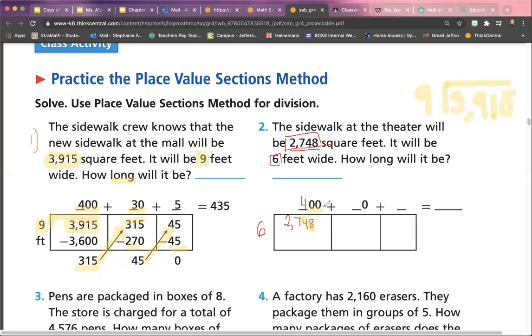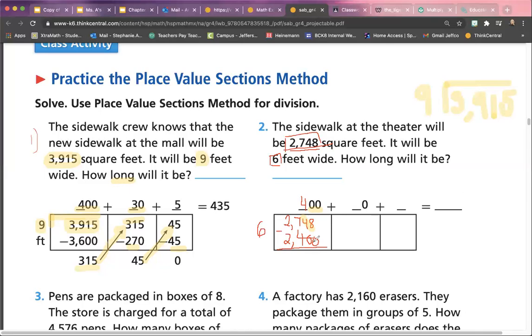Okay, so now I do the same thing like long division. 400 times 6 gives me, what is 6 times 4? 6 times 4 is 24. Good. And then remember, I had those 2 hidden zeros. So I just bring the zeros back. 0 and 0.